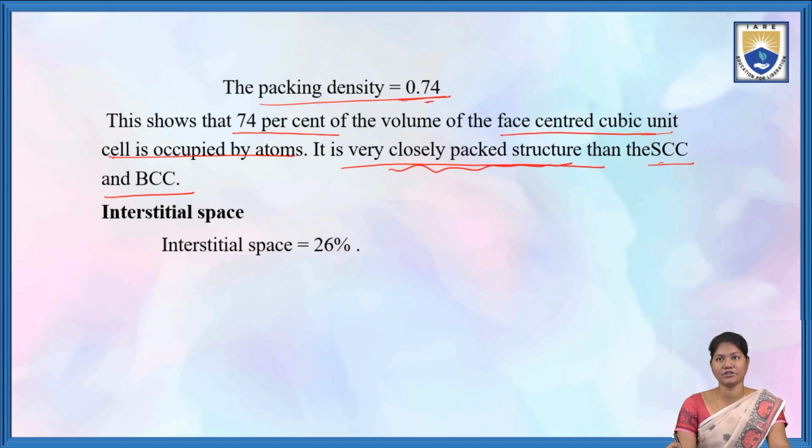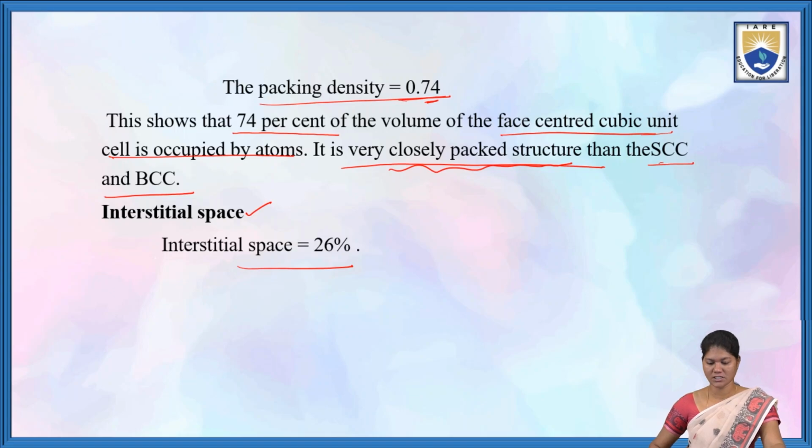That is, 74% of the space is occupied by atoms in the face-centered cubic structure. So how much interstitial space? It is 26%. So this is all about the face-centered cubic crystal structure.